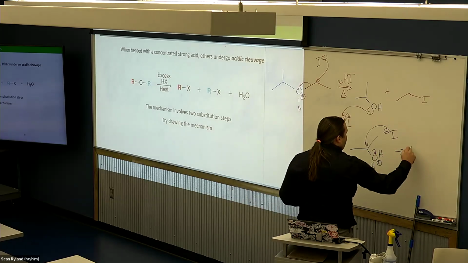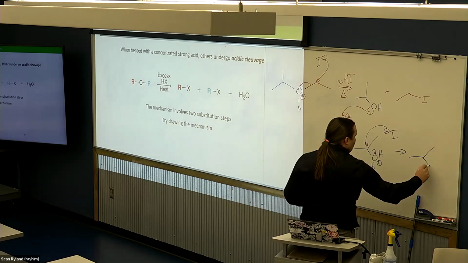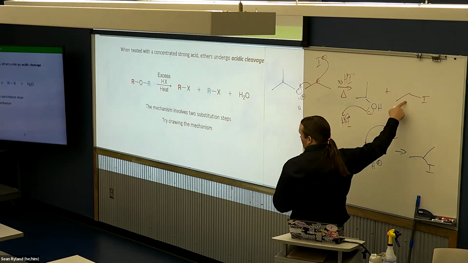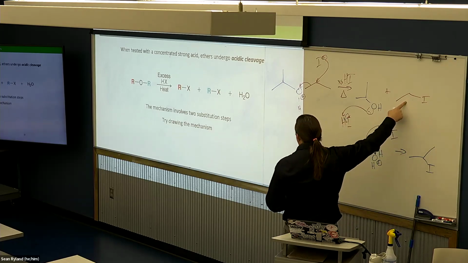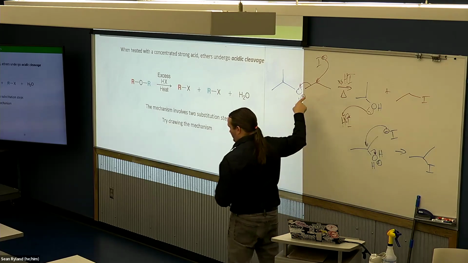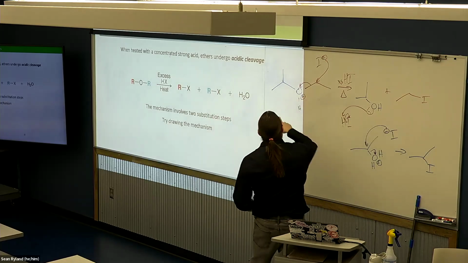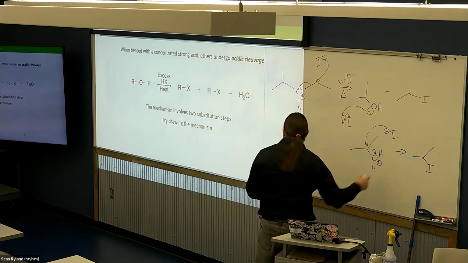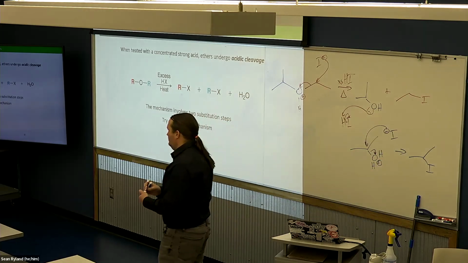So our final product is going to be the ethyl iodide, the ethyl that was part of our ether turns into an iodide, and then the isopropyl group that was part of our ether also turns into an iodide.